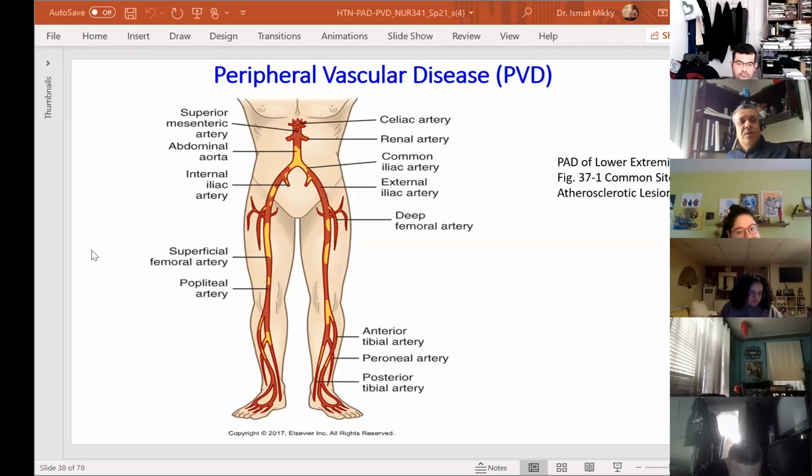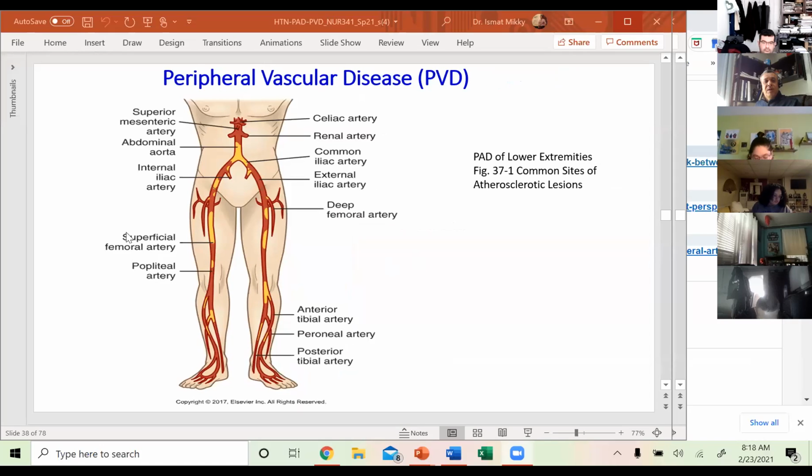All right, so this is the slide I'm trying to share. I'm not sure why my pointer is not working. Now, can you see the slide? Yeah.